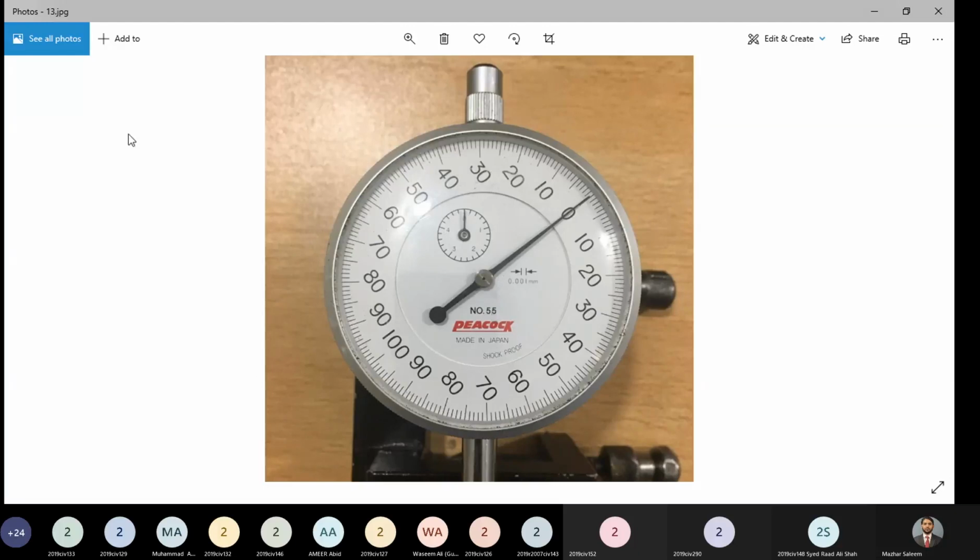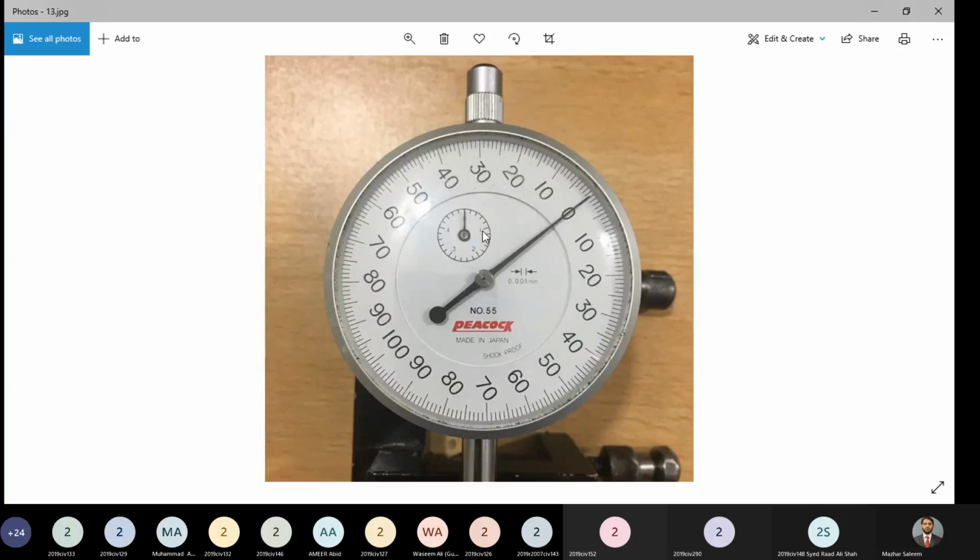The range of this instrument is 5 millimeters. The maximum reading that it can take is 5 millimeters, and the least count is 0.001 millimeter. So each graduation on the main scale, you can see 0, 1, 2, 3, 4, and this will be 5.